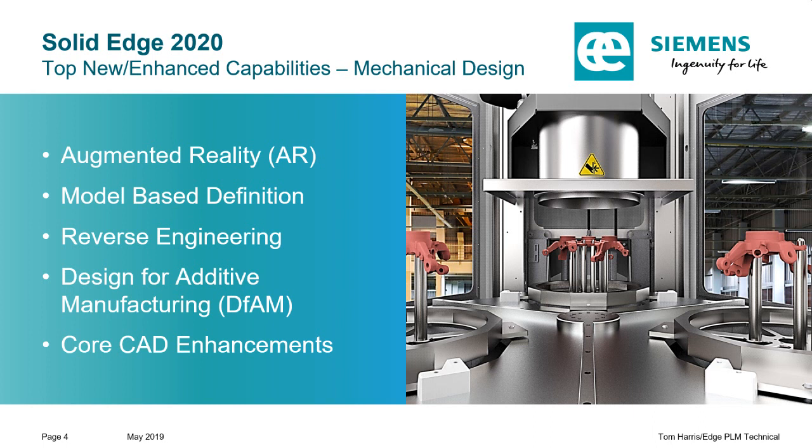Model-based definition takes this to the next level and also allows you to include fully detailed 3D PDF designs. The reverse engineering in mechanical design has had further improvement to allow you to fine-tune the imported mesh-based models. Design for additive manufacturing has also been quite improved, and there are various other core CAD enhancements.